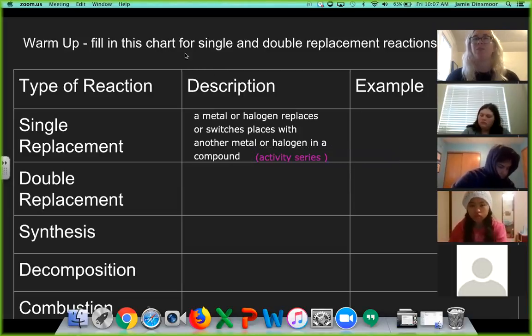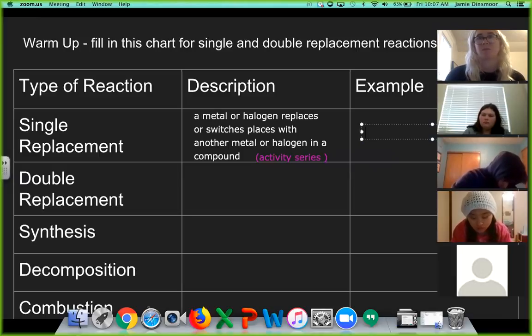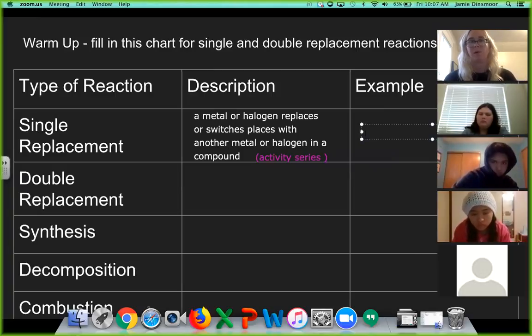And then what's an example of a single replacement reaction that we could put over here just to show kind of how this works? If you have your notes from last time, you should have a bunch of examples of single replacement reactions.